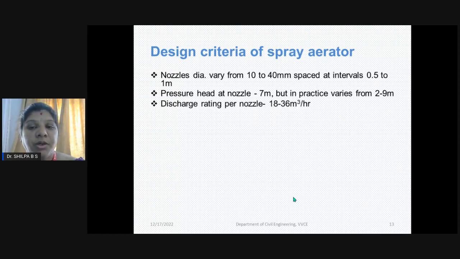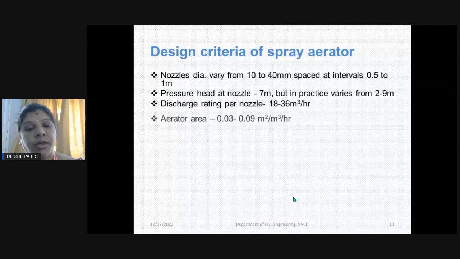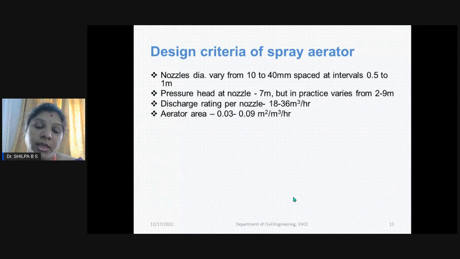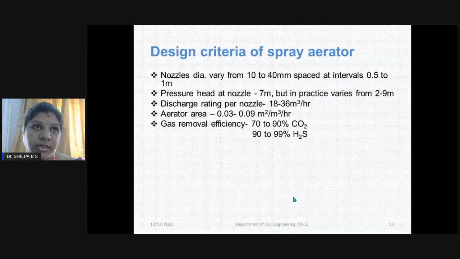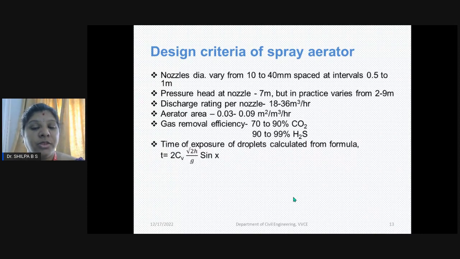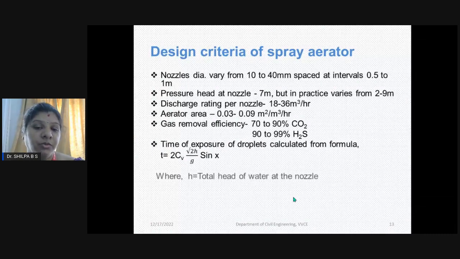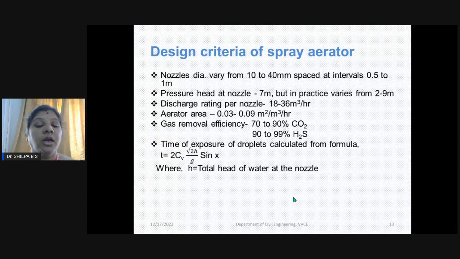The discharge rate per nozzle, according to the literature, is 18 to 36 cubic meters per hour, and the aerator area can vary from 0.03 to 0.09. The gas removal efficiency is a maximum of about 90% for carbon dioxide, whereas for hydrogen sulfide it is 90 to 99%.